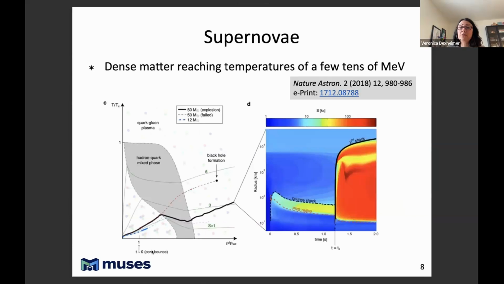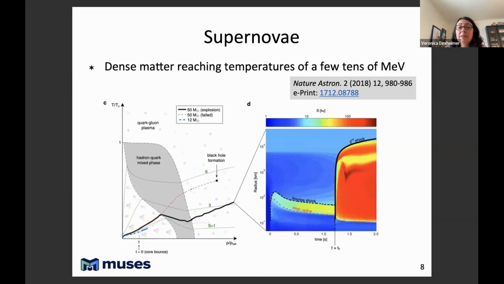But what about young neutron stars? Young neutron stars are hot. They can have temperatures of tens of MeV. So what I'm showing here is a paper from our Polish collaborators, who have made the most realistic supernova explosion, because they also include the deconfinement to quark matter, which should be reachable at such high densities and high temperatures.